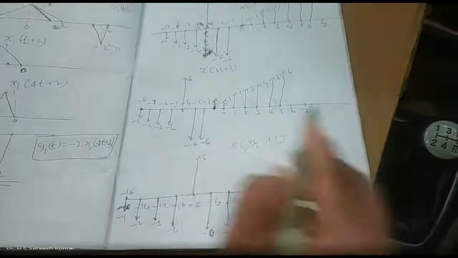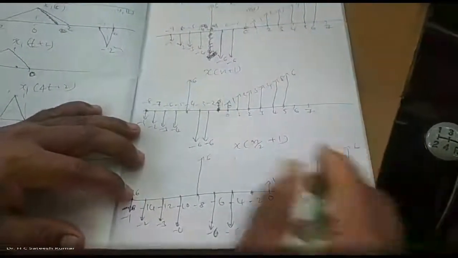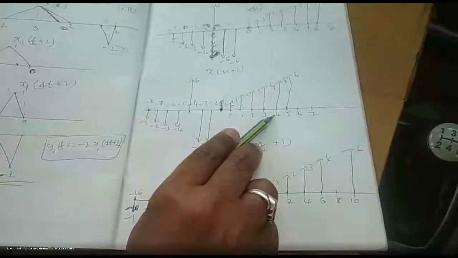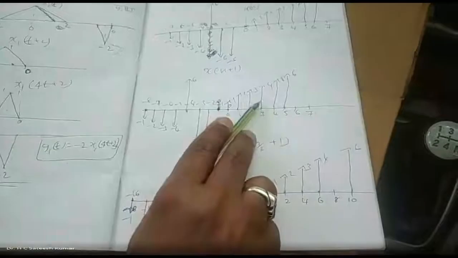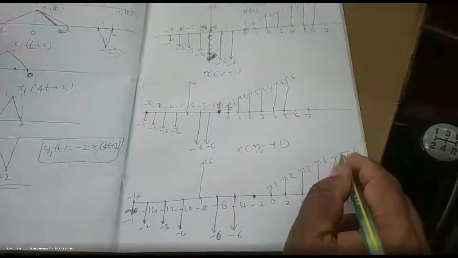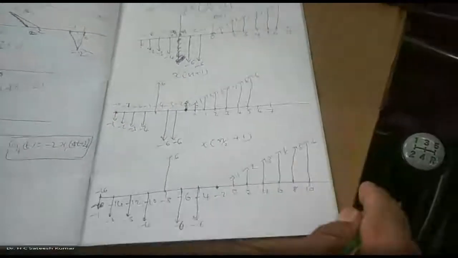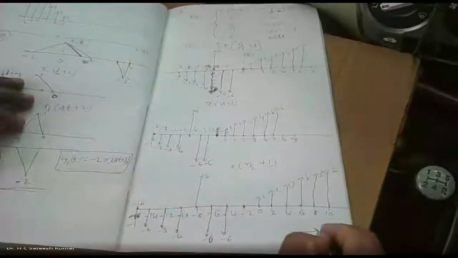At 10 its value is 6. N by 2 is equal to 4, n is equal to 8. Its value is 5. Okay, right. So this is your x of n by 2 plus 1. Next, I can't write to the scale here.